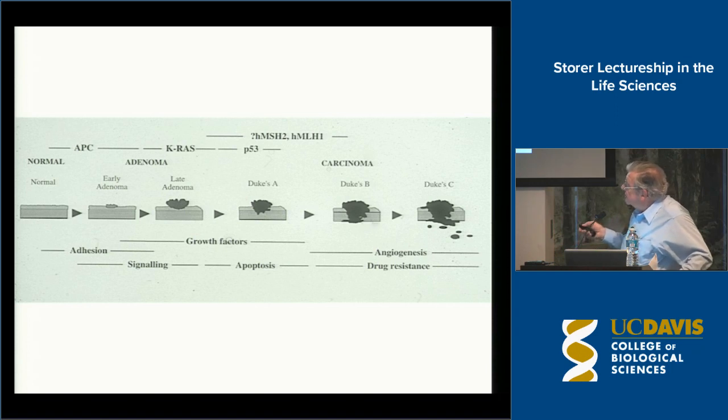And in each of these, you have the classical Knudsen-type situation where what's inherited in the germline is a single mutation, and what happens in the tumor is the loss of the remaining wild type by loss of heterozygosity by a process of somatic recombination, mostly, as we've shown with Ian Tomlinson.